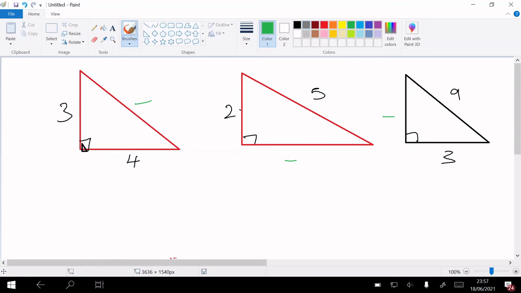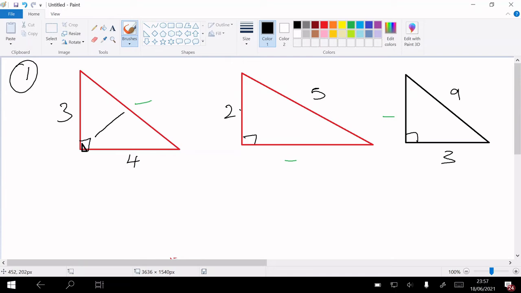So let's start with the first scenario. What would I first do? The first step of solving a Pythagoras question is always annotating the sides. Annotate which sides are A, B, and C. First, identify C because that's the easiest to do.